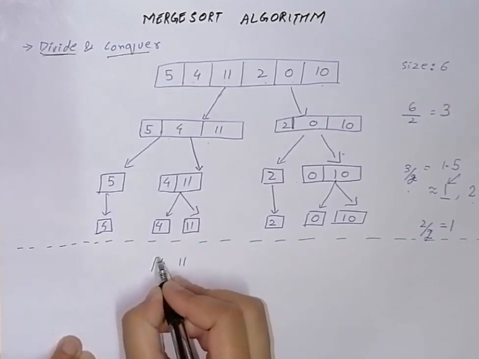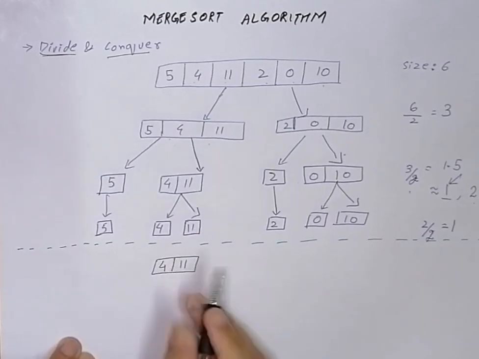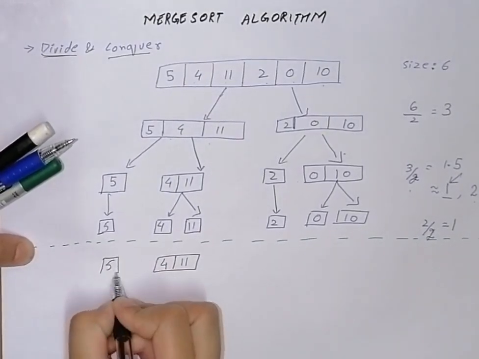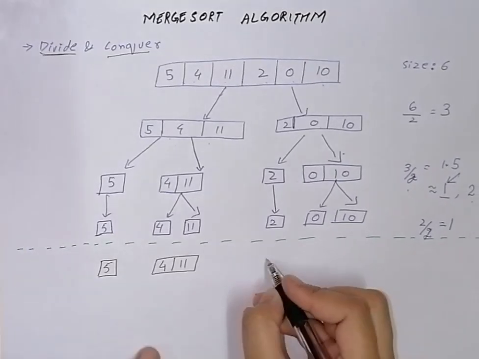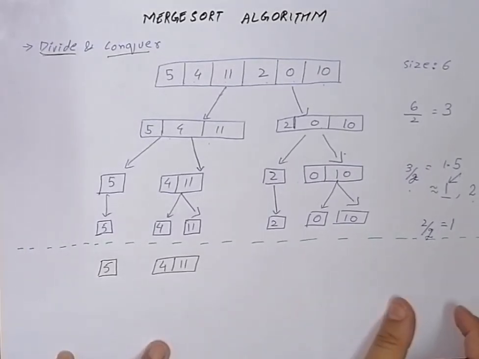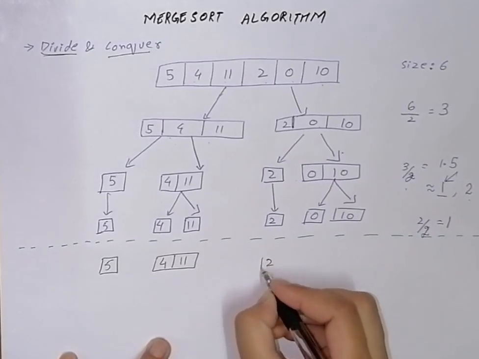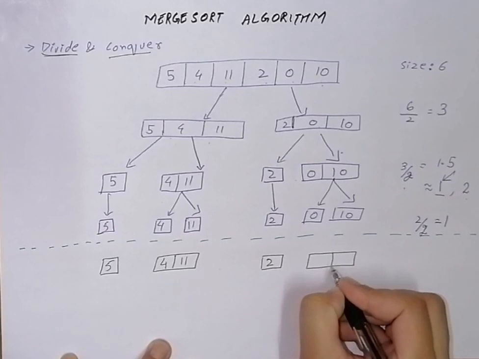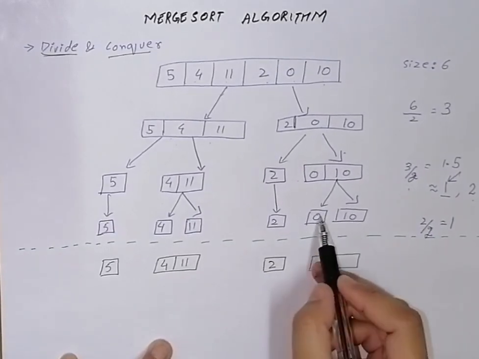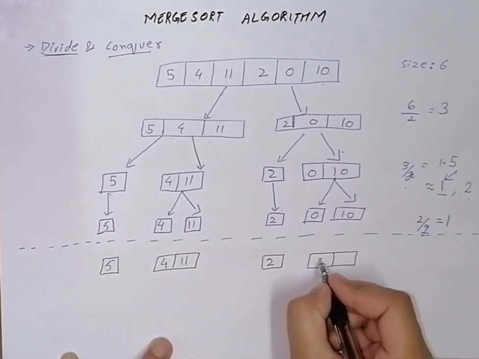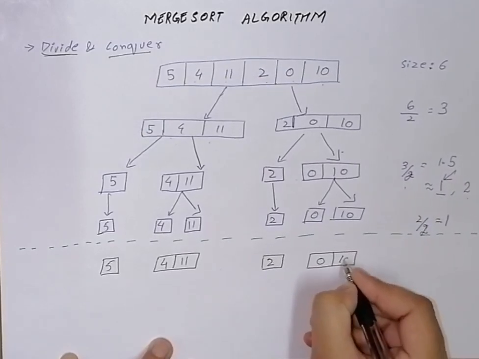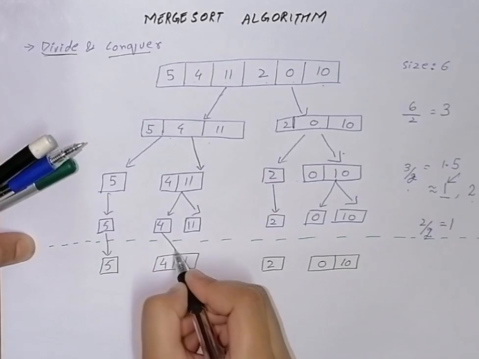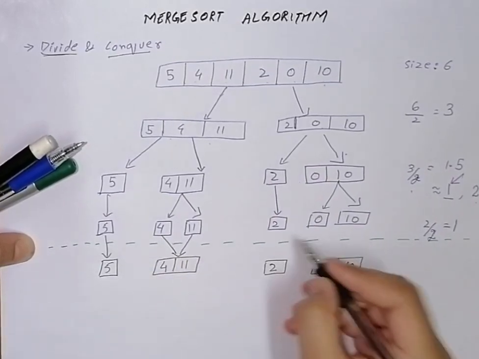Since 4 is a smaller value and 11 is a larger value, it will come directly like this, and this 5 will appear just like this. Similarly, for this particular portion, here 2 will come directly like this, and here we will create an array of size 2 and compare these two elements. The smaller element will come first and the larger element will come later on. Okay, I'll go for the conquer part like this.